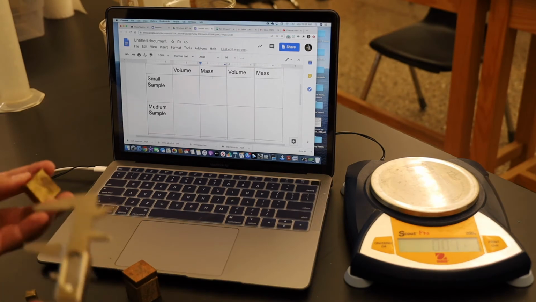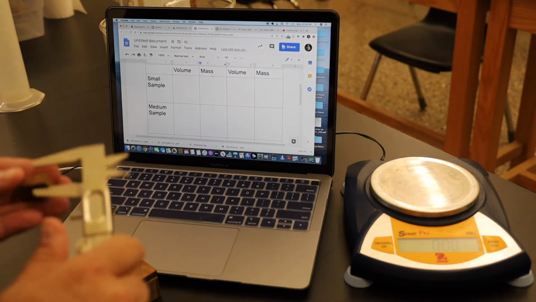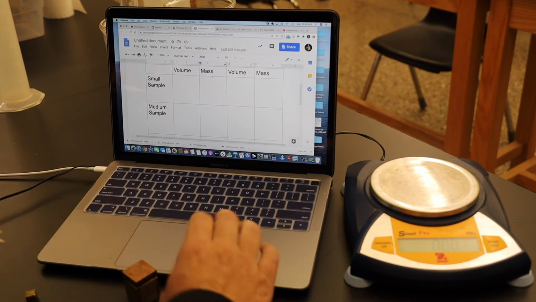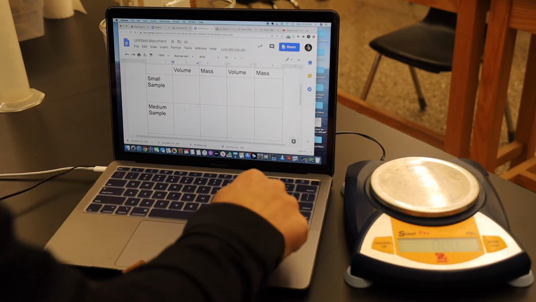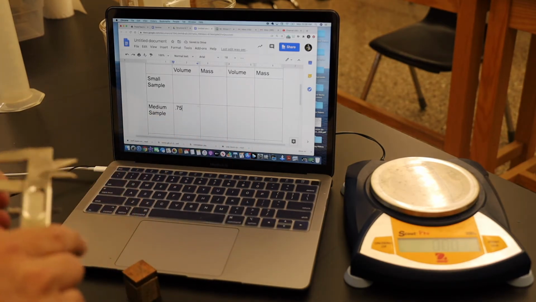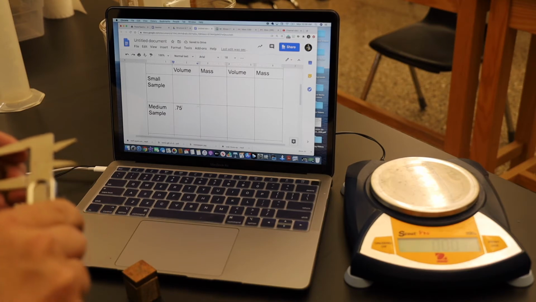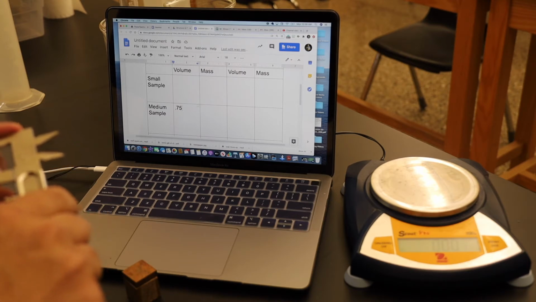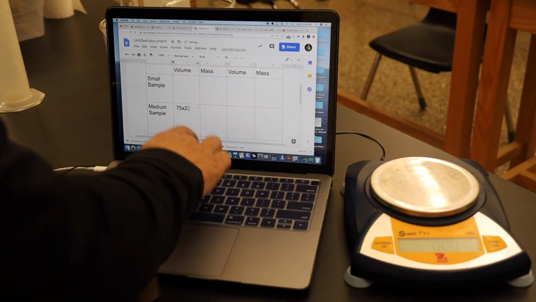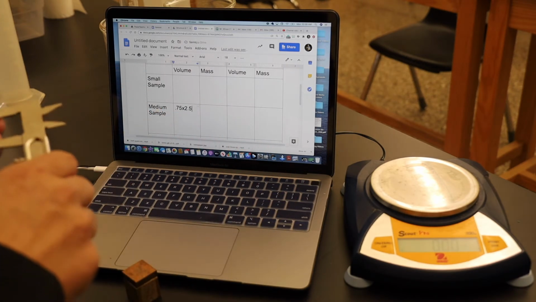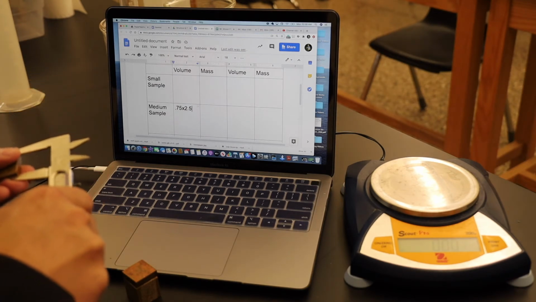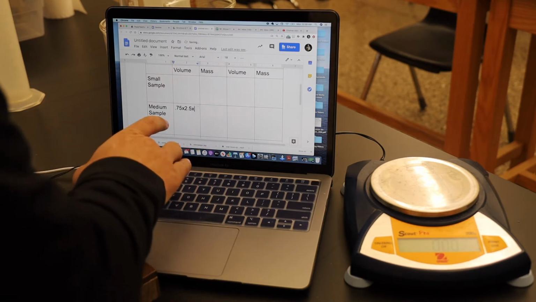Our next gold sample is 0.75 centimeters by 2.5 centimeters by 2.5 centimeters.